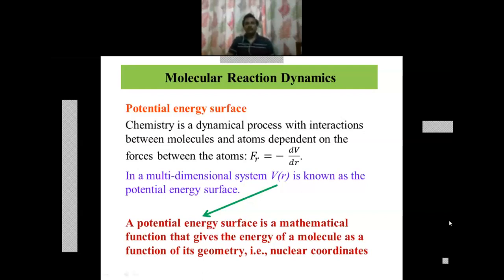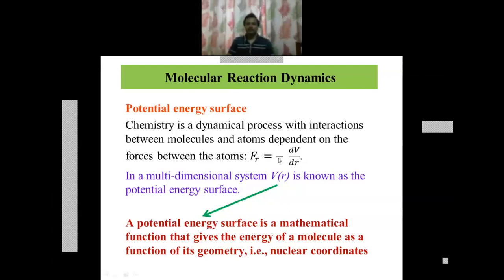So when you say interactions, that means there are basically forces between the atoms, and I hope you are used to the forces for a conservative system. Conservative system means a system where the forces between the atoms can be derived from the derivative of the potential energy with respect to the distance, of course with the negative sign, right?